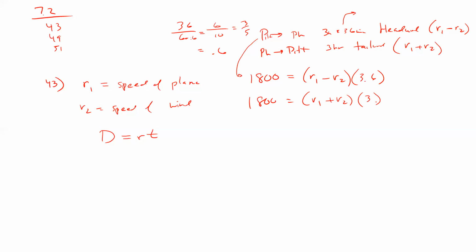Does that set you guys up well? That's the one that we did on Friday. It's kind of tough to set them up. Once you set them up, then it's like, oh yeah, that's easy. Okay, I'll let you guys solve it though.